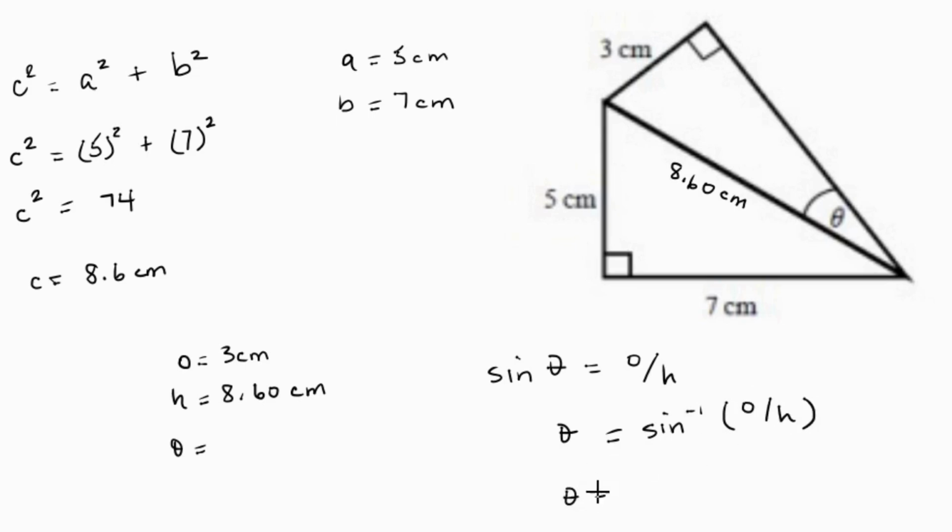Theta is equal to the arc sine of the opposite, 3, divided by 8.60. And once you do that, you want to go to 2 decimal places. And we're going to get 22.41 degrees.